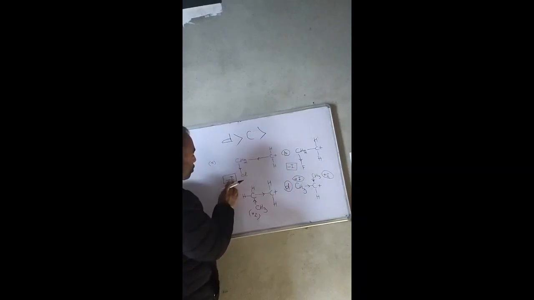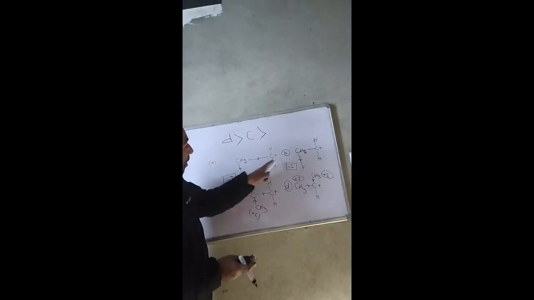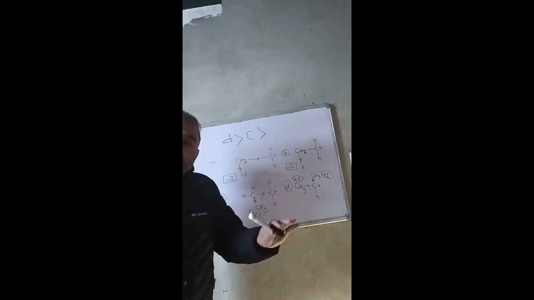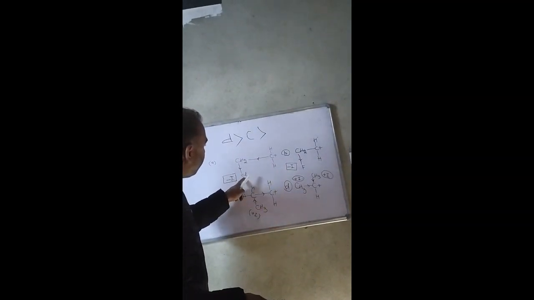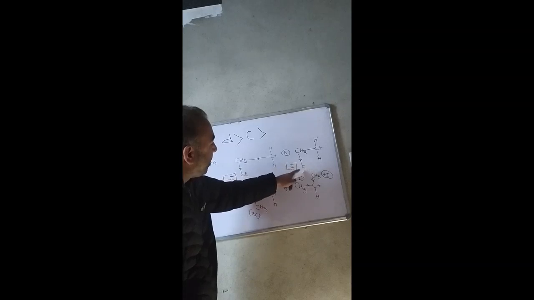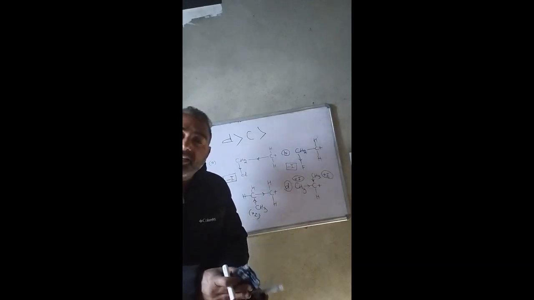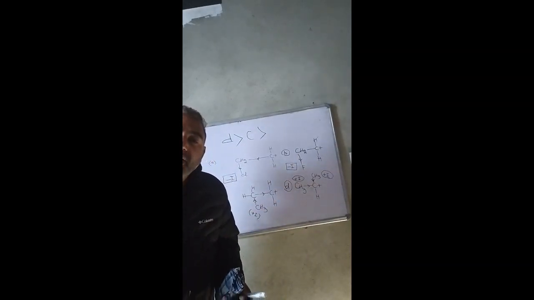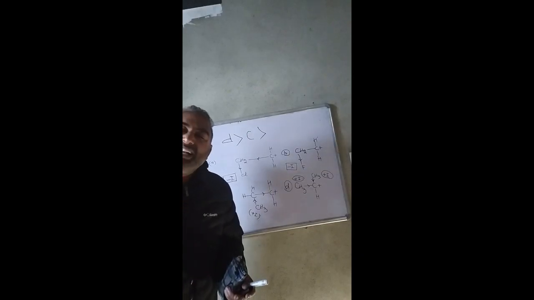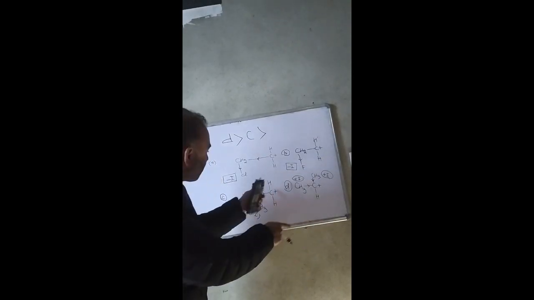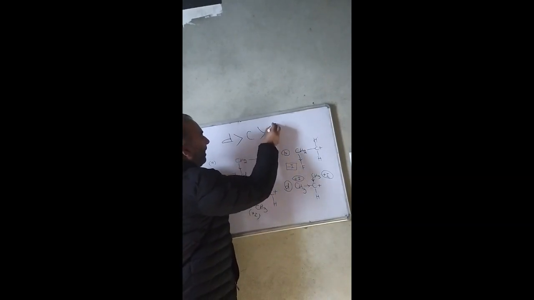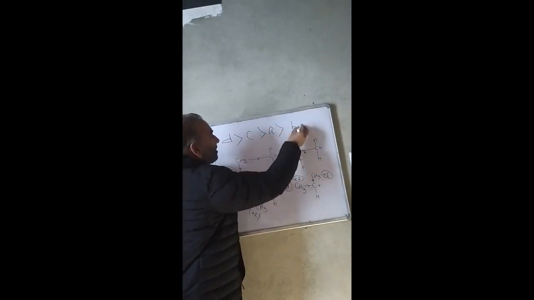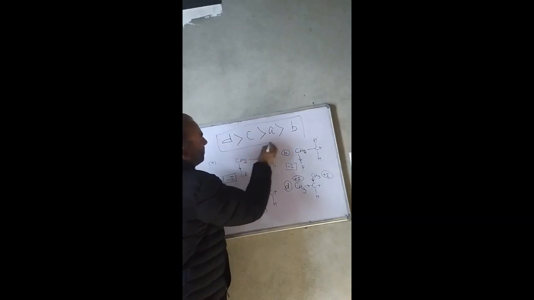Then these two, option A and option B, are both unstable, because in one we have chlorine and in B we have fluorine. But fluorine exerts strong minus I, which will make it least stable among these four carbocations. Then C, then we have A, then we have B. This is the correct decreasing order.